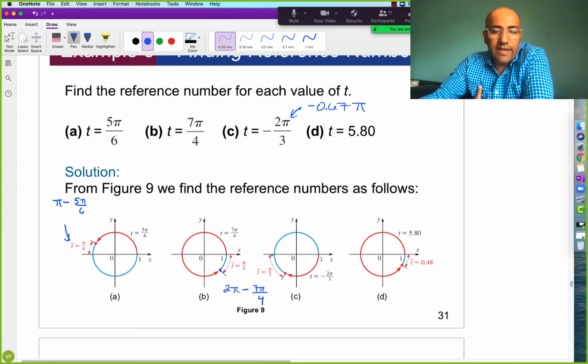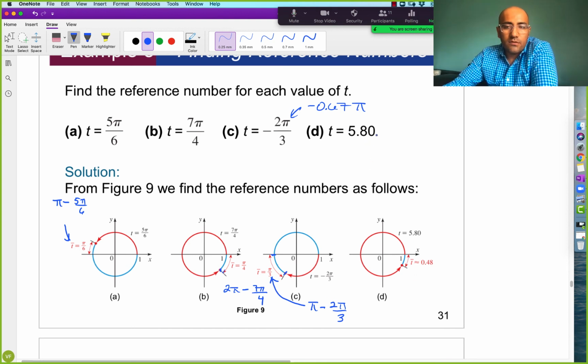And so the reference angle is going to be this one, the shortest distance back to the x-axis. We get that by pointing out that this is the same thing as pi minus 2 pi over 3. If this is negative 0.67 pi, then the reference is going to be positive 0.33 pi. And that's how we get this as our answer. Good. Questions?